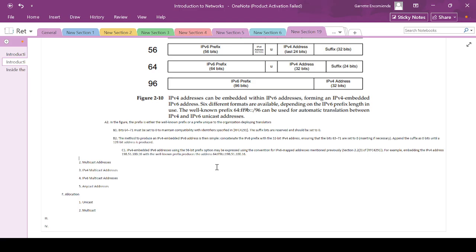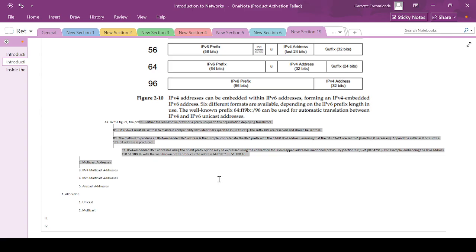The well-known prefix 64:ff9b::/96 can be used for automatic translation between IPv4 and IPv6 unicast addresses. In the figure, the prefix is either the well-known prefix or a prefix unique to the organization deploying translators.